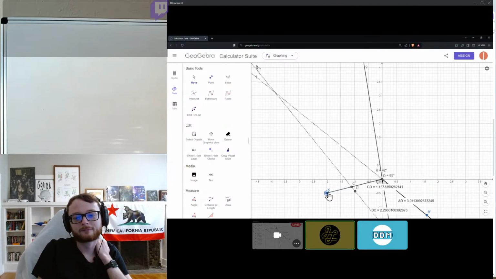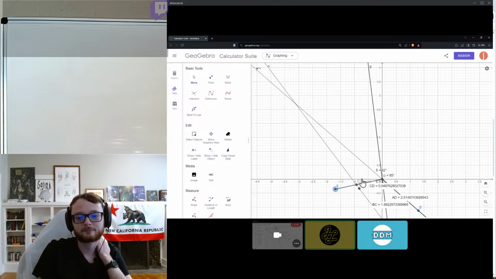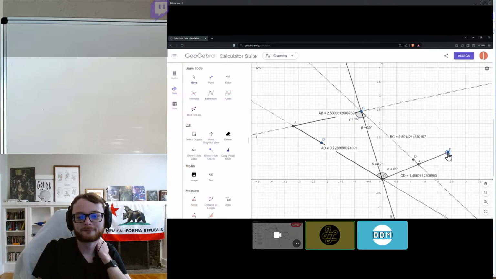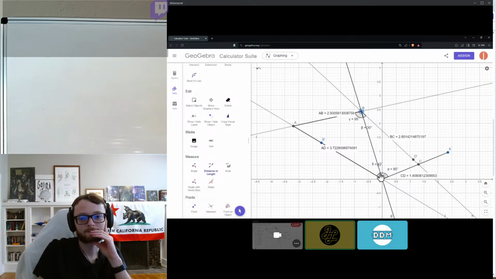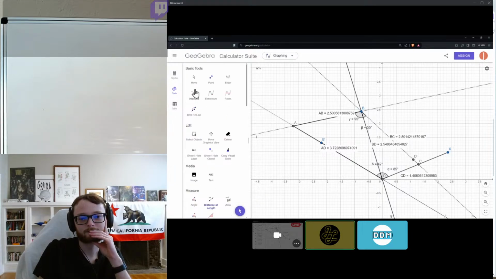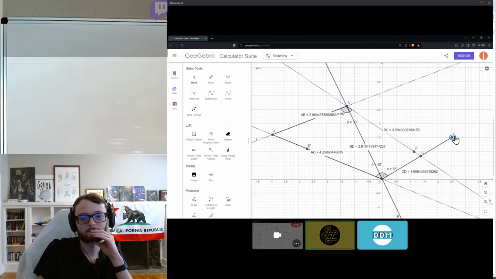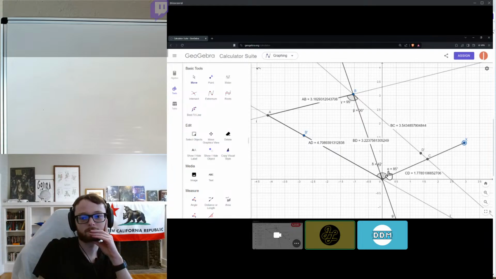I can even turn it around backwards if I wanted to. But no matter what I do to this thing, this side is always. Let me put one more measurement on here, which is BD. So that's the common side, right? What we're going to see is that in this triangle BCD, no matter how it's shaped, because this is the bigger angle, BC will always be greater than BD and greater than CD.